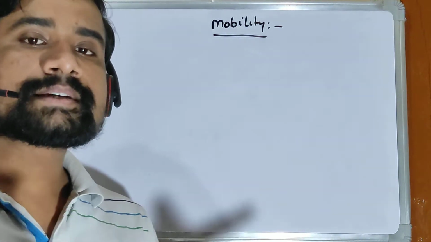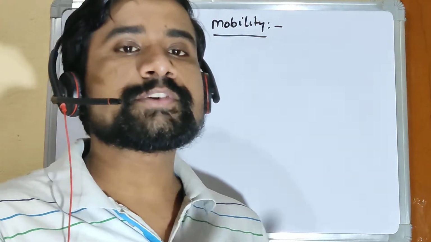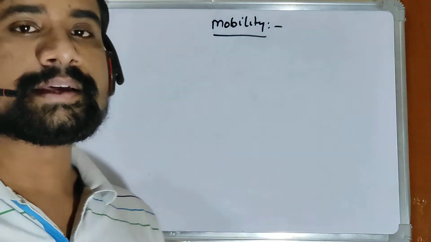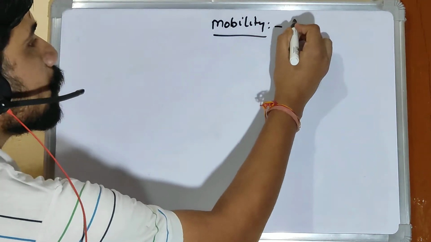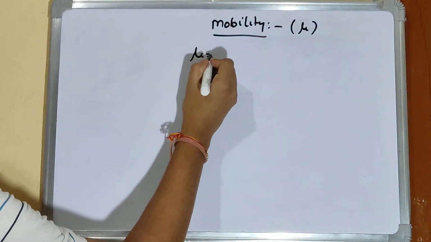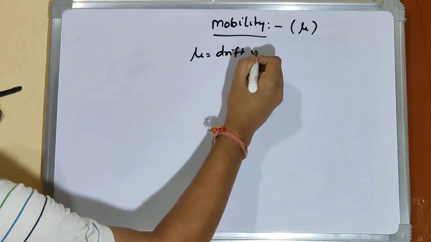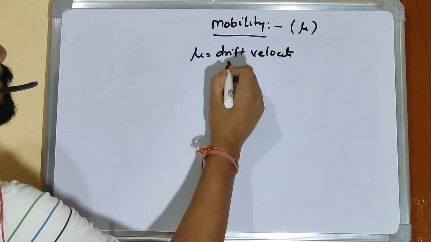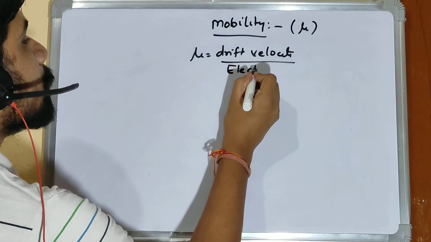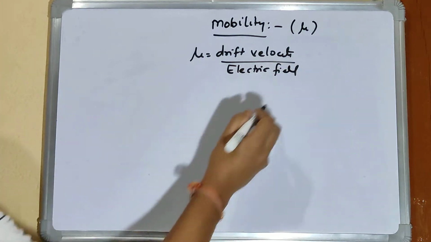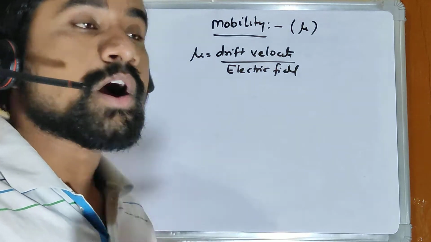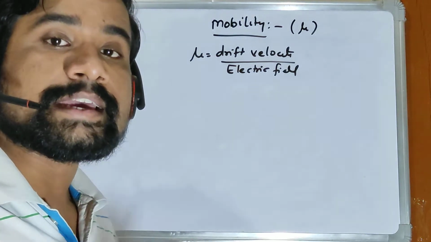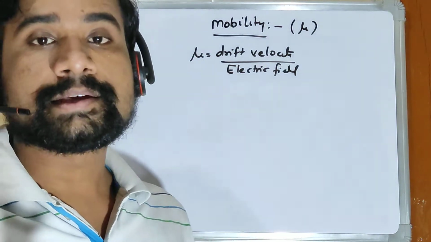So to measure this conduction, this conductivity, we have a parameter called mobility, right? Mobility is represented by mu, and it is defined as drift velocity per unit electric field. So if you apply some electric field, how mobile your species is, how fast it is moving, is represented by this term called mobility, right?